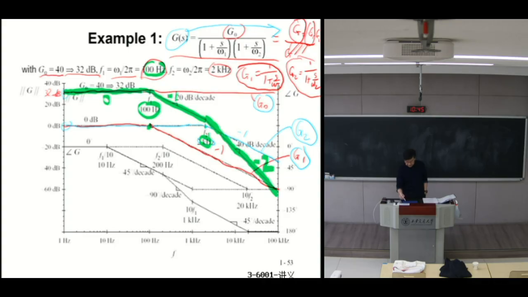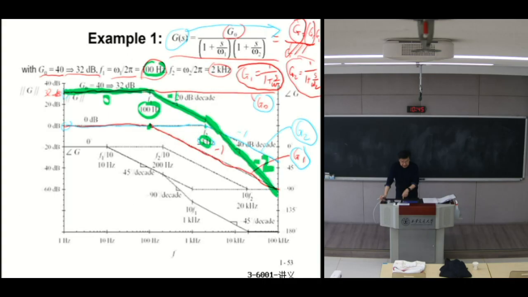After the second turning point, it's changed to -2 slope. So very simple. This set of approximation methods for transfer function Bode plots will make obtaining the overall transfer function Bode plot much simpler.